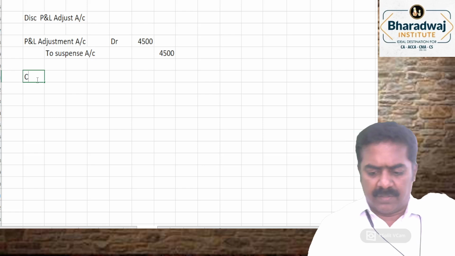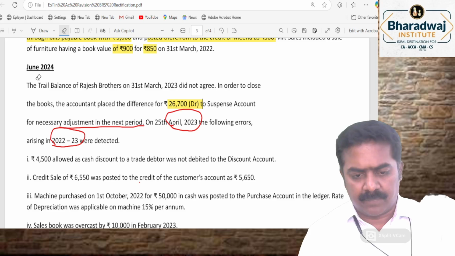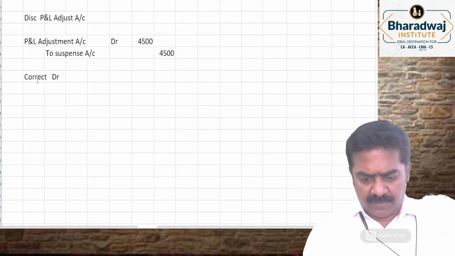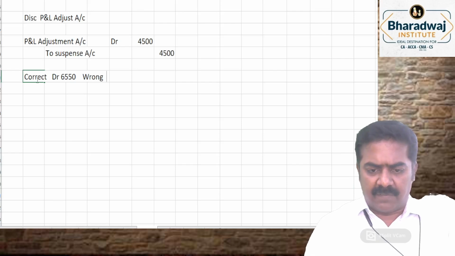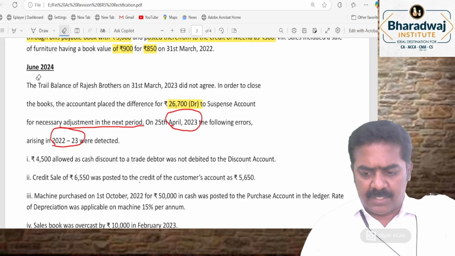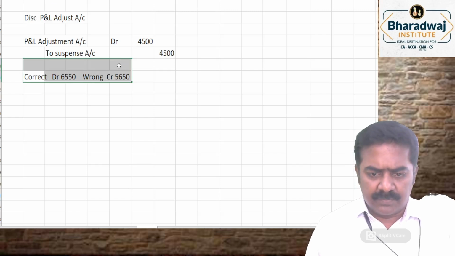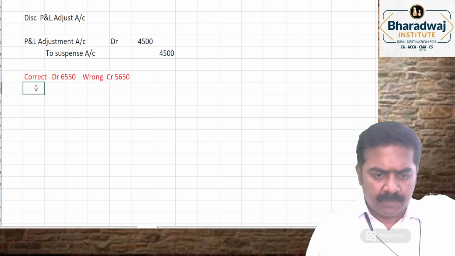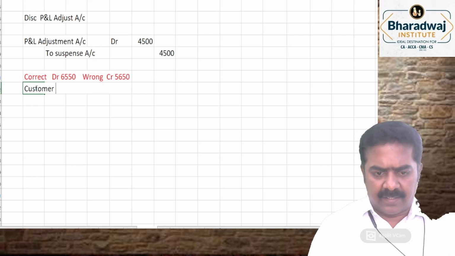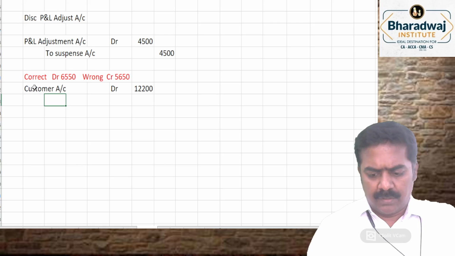What is the correct one? Debit the customer with 6,550. But what is the mistake we have done? We credited 6,550. So how to remove? Add both and debit customer account. Add both, how much do you get? To suspense.